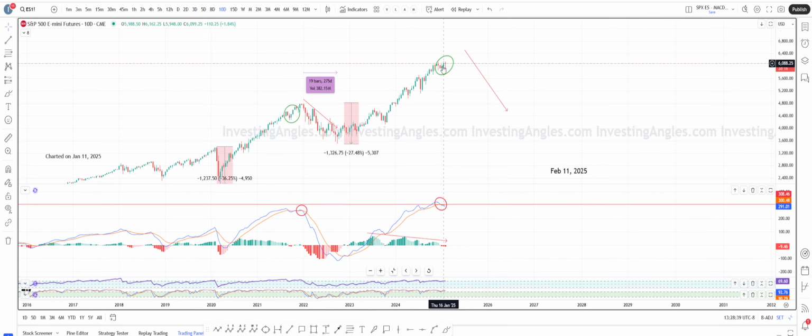This would be a possible resemblance of this point in history, where after the first attempt, the MACD line recovered, and it lasted for another 5-6 periods, which is about 2 months before the significant move started.